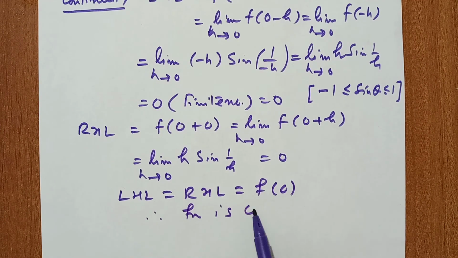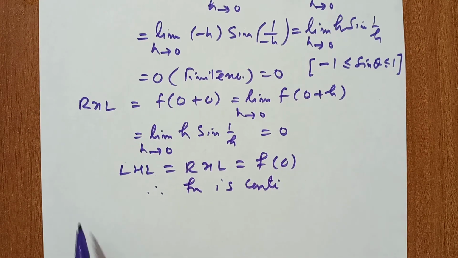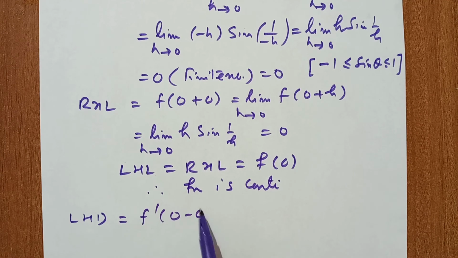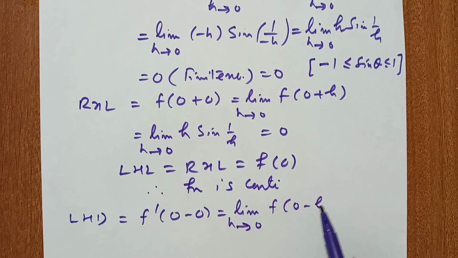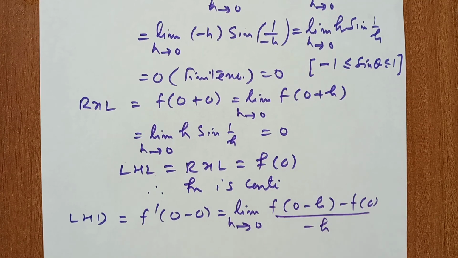Function is continuous. Now we will check differentiability. First we will obtain the left hand derivative. The left hand derivative is f'(0 − 0) = limit h tends to 0 of [f(0 − h) − f(0)]/(−h).